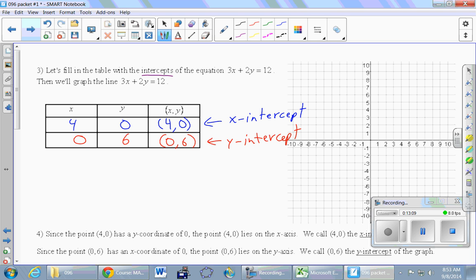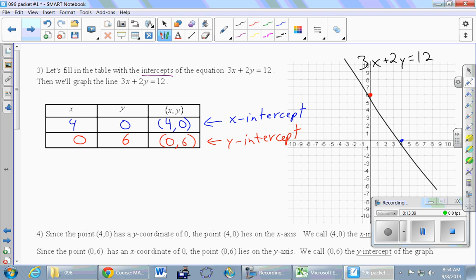So take a couple of seconds to plot those 2 points and then connect the dots with a straight line. And that's it. That thing right there is the graph of the equation 3x plus 2y equals 12.